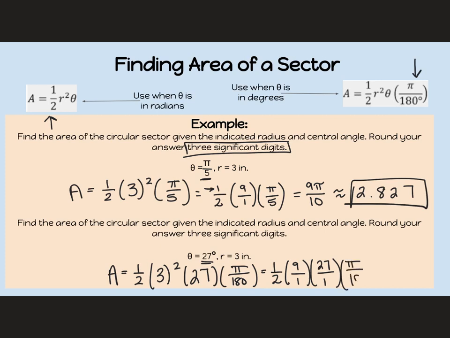Pi over 180. When I multiply, I get 243 pi on top, 360 on the bottom, and then again you just type that into your calculator and round to 3 digits. So I'm kind of out of room, I'm going to write it sideways. 2.121.